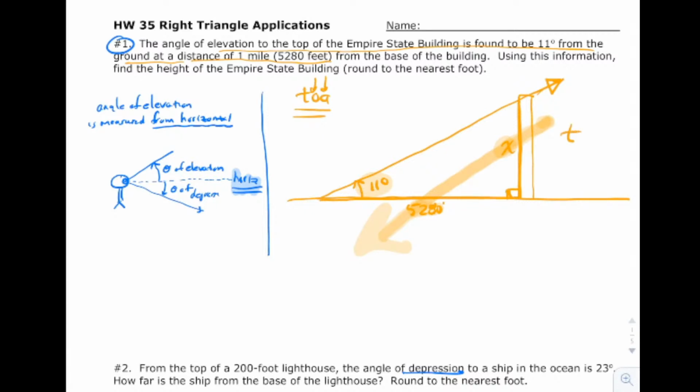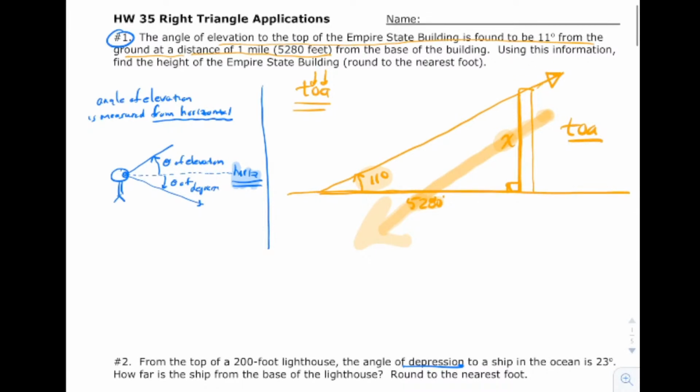Cool. So we can actually just solve this problem by writing. Remember, the tangent of an angle is the ratio of its opposite over its adjacent. So the tangent, in this case of 11 degrees, is equal to its opposite, which is x, over its adjacent, which is 5280.